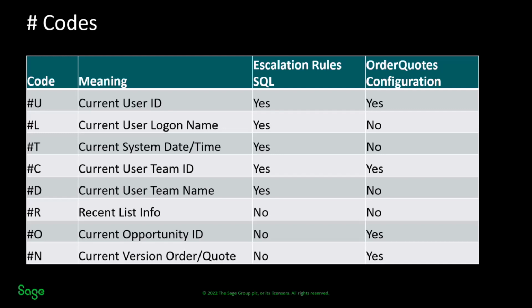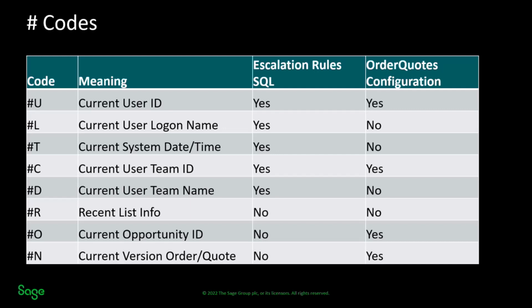These two places are when you're defining your order quotes configuration, and I think there's now also the ability in the naming of the generated files from mail merges.